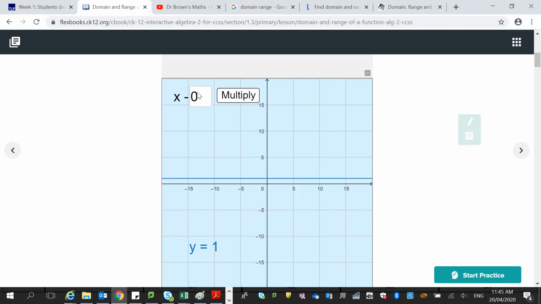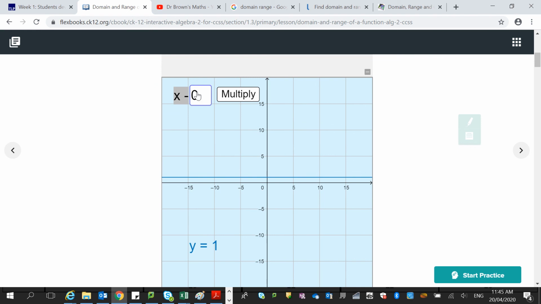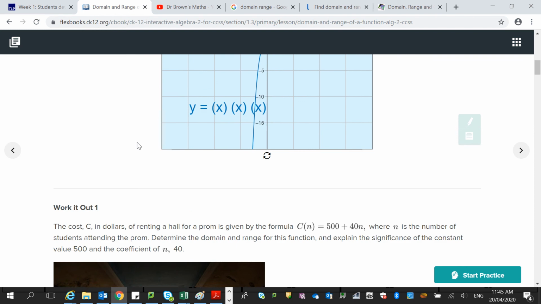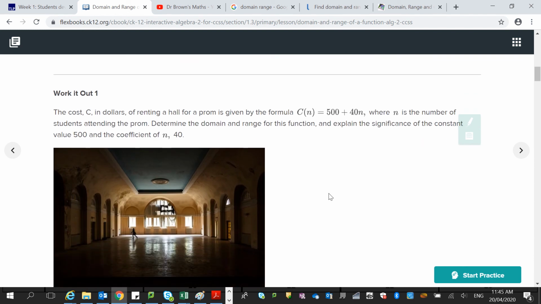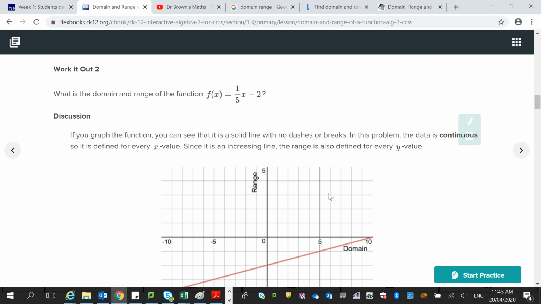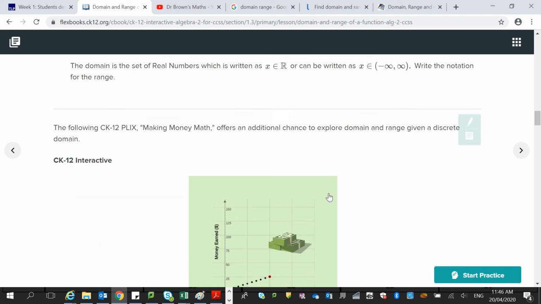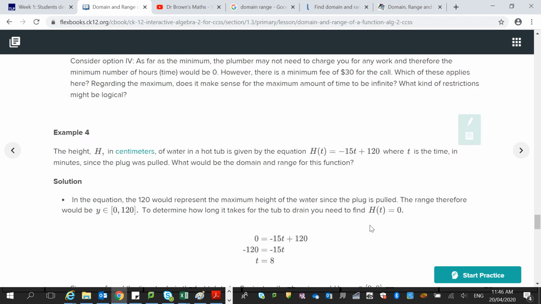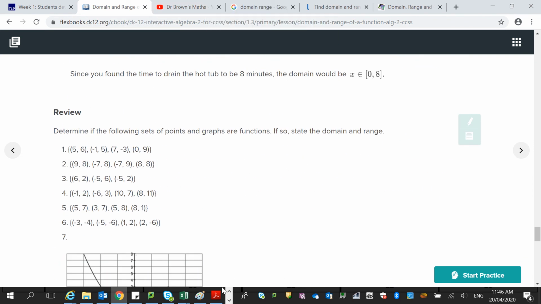This gives you an idea. This is basically an interactive textbook, so I would recommend that you have a look at it. It's pretty worthwhile.